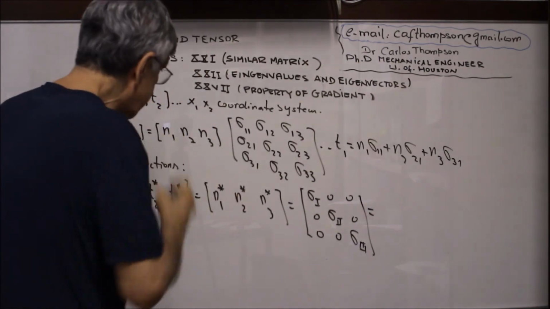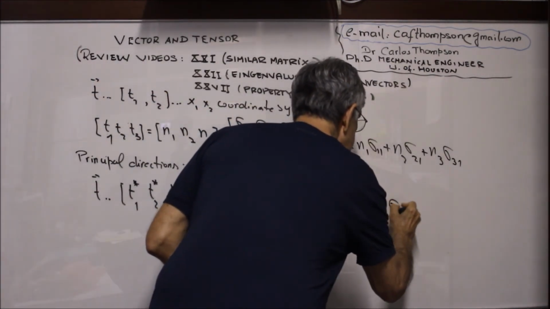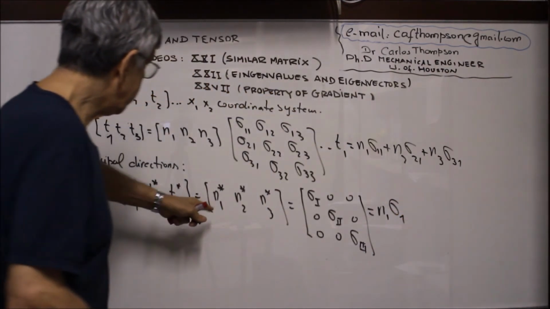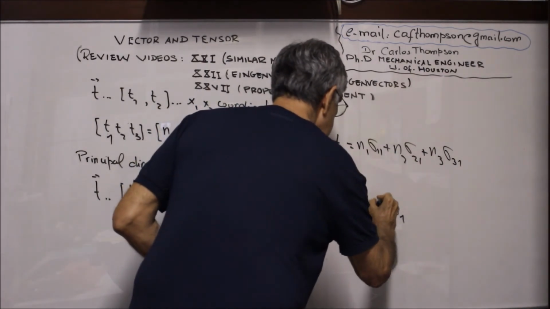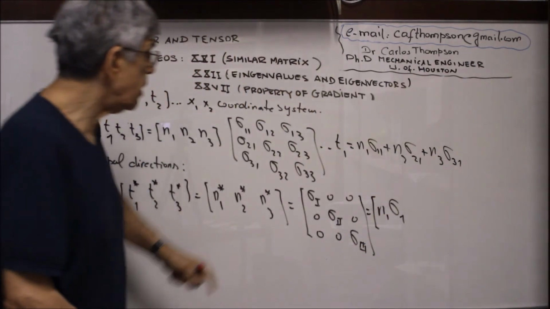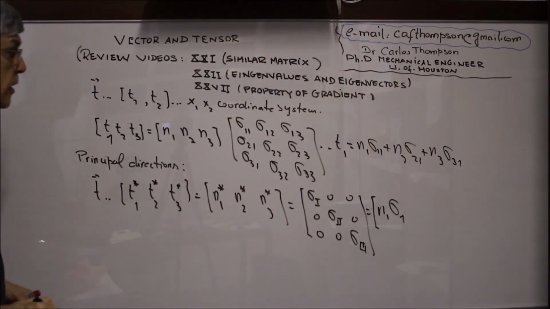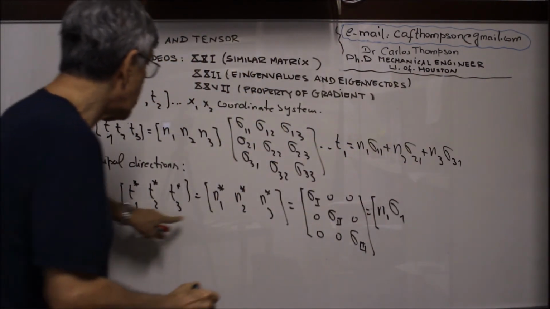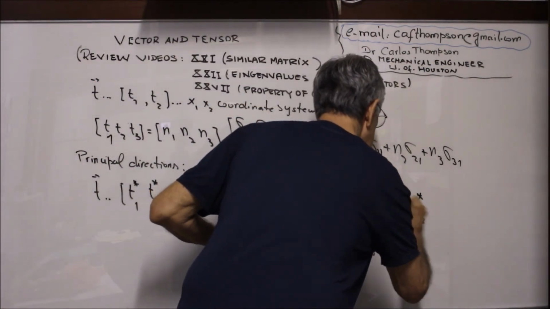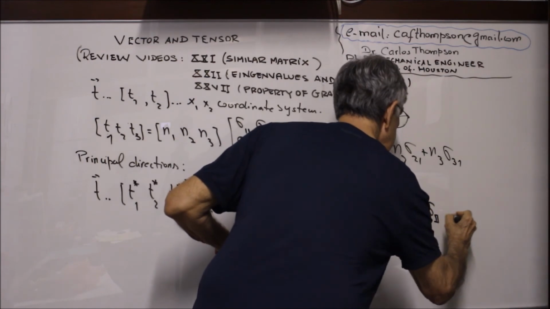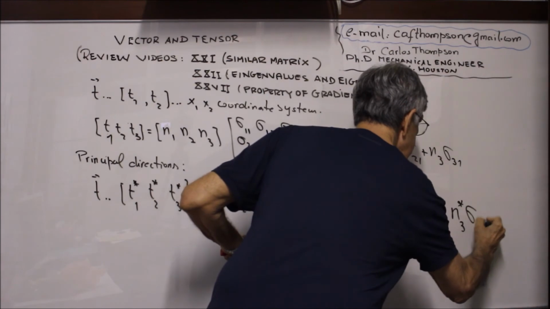Let's expand this. You see, this will be N1 sigma 1. You see, this is T1. Let's put this equal. This is N1 asterisk, T1 asterisk. You see, we avoid this calculation over here. So T2 star will be N2 sigma 2 and T3 star N3 sigma 3.